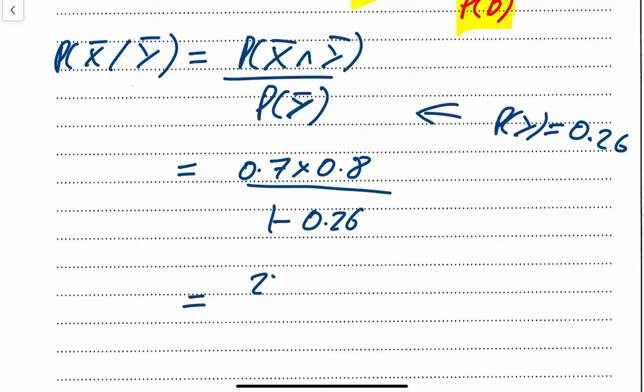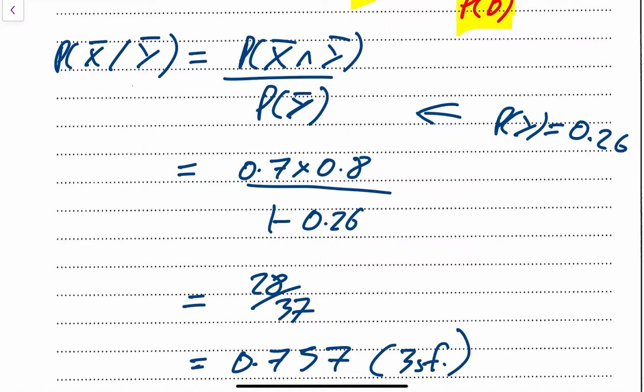I got 28 over 37. Let me just check that, sorry. 0.7 times 0.8, and then divided by 1 minus 0.26. That's 28 over 37. Press S-D, 3 sig figs, 0.757 to 3 sig figs.